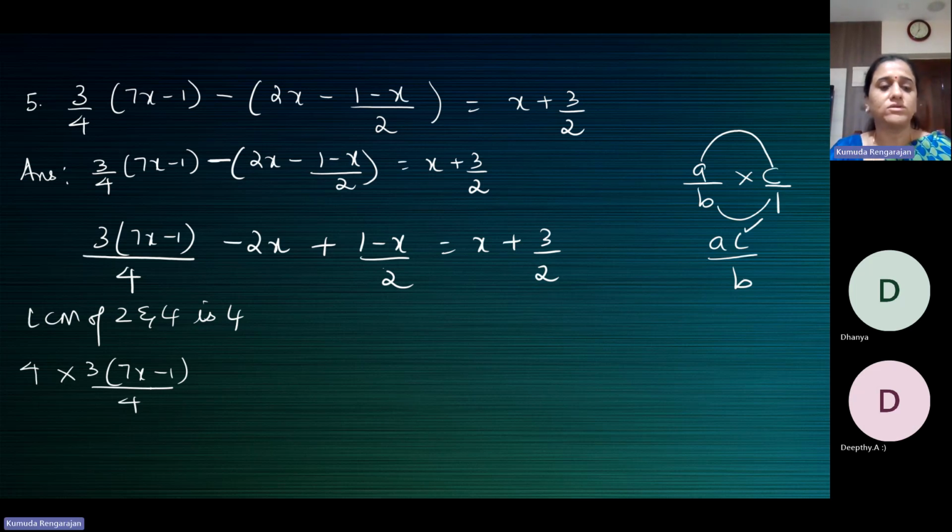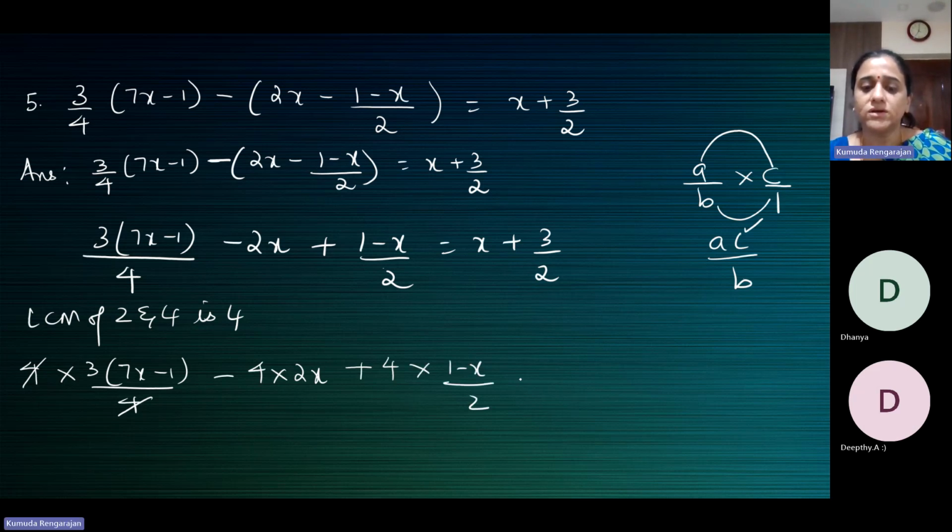So 4 and 4 cancel. Minus 4 into 2x, correct? Plus 4 into 1 minus x by 2 is equal to 4 into x plus 4 into 3 by 2.